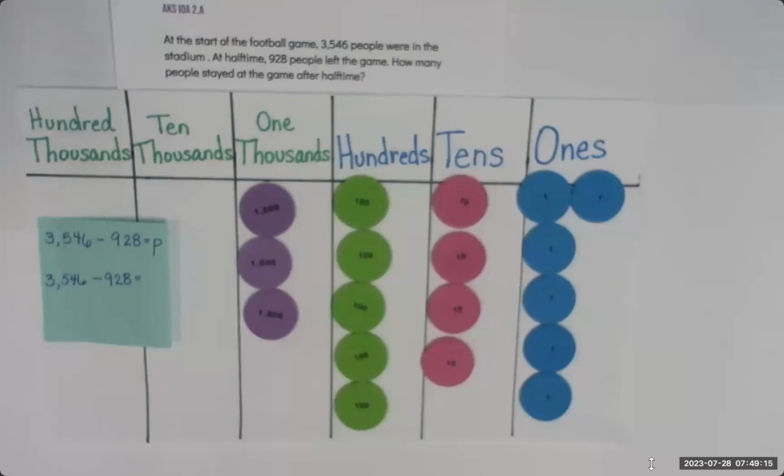So how many people were at the game after halftime? I represented P as the people left after halftime, right? So we are going to use these concrete place value discs today to help us subtract or remove 928 from 3,546, all right?